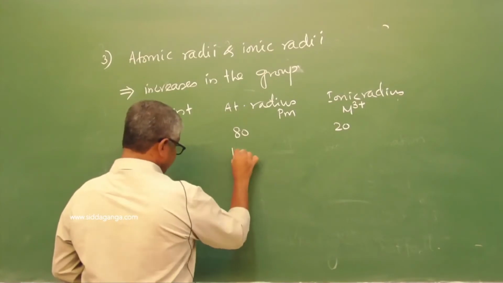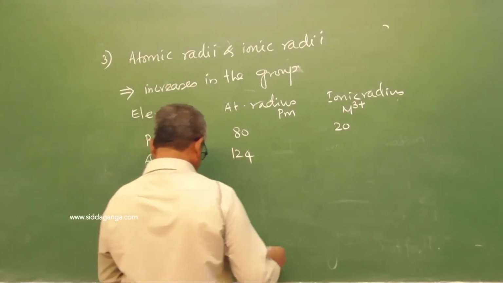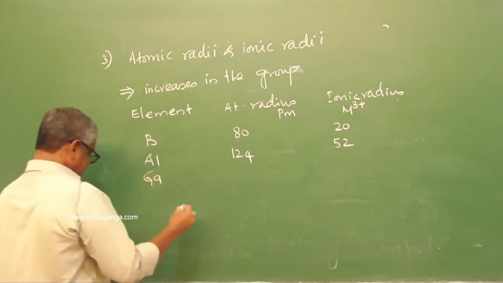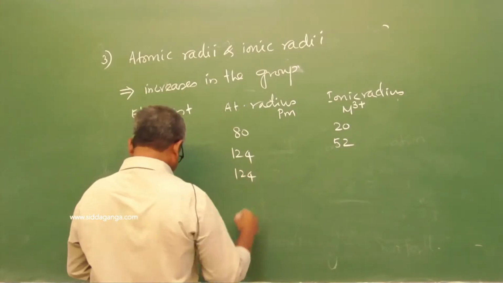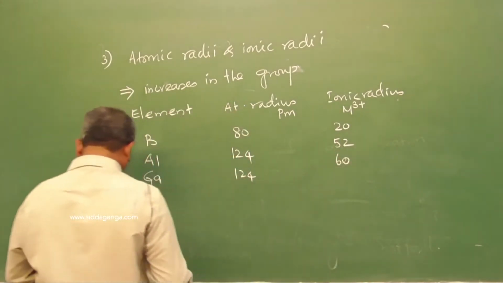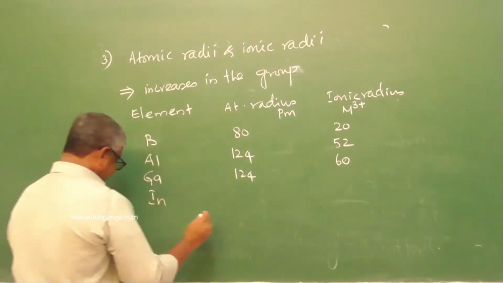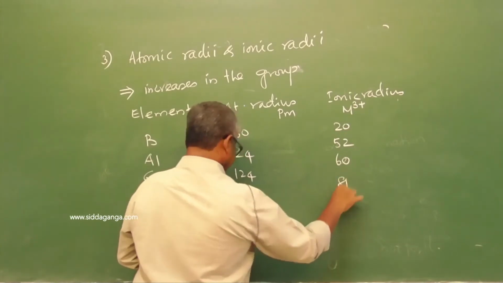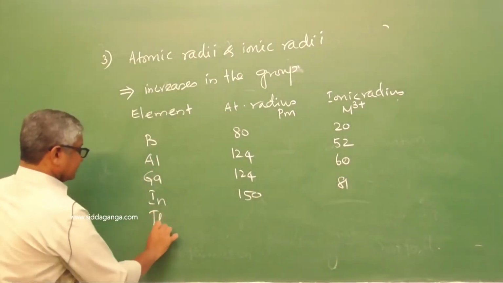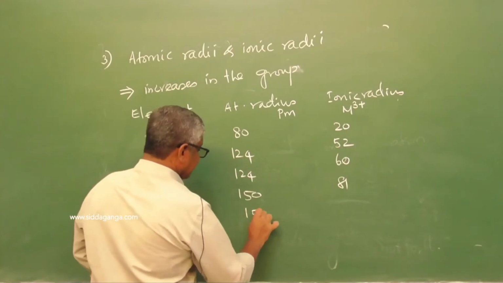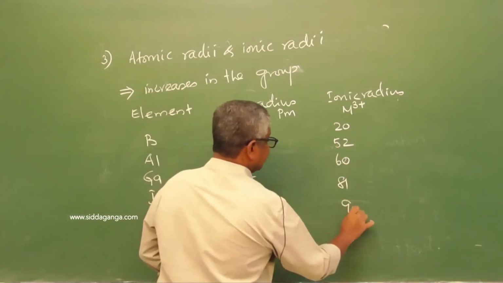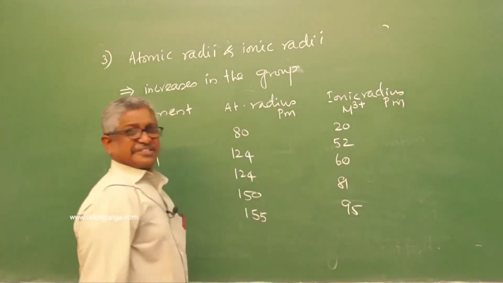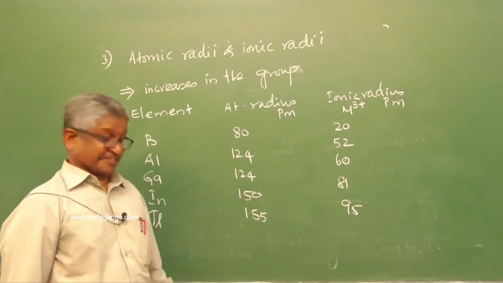Aluminum it is 124 and it is 52, gallium is 124, 60, indium 150, 81, thallium it is 155 to 95. Both ionic radius and atomic radius are measured in picometers.